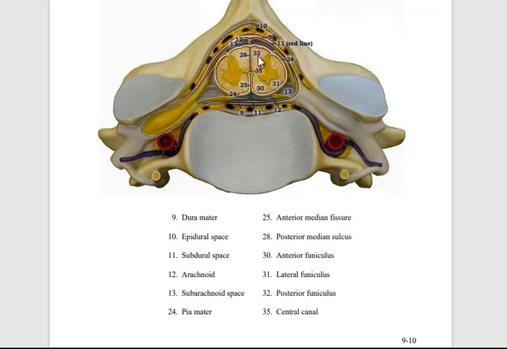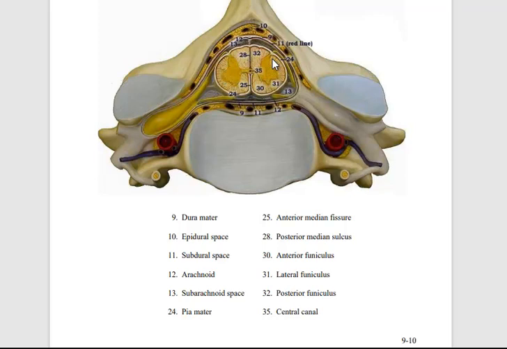The dorsal horn is the thing that I look for. It's the first thing. Even if I didn't have the vertebra to orient me to which way was which, this dorsal horn looks like a butterfly. The long part that goes all the way out to the pia mater, that's the dorsal. So that's the one that's going to be in the back.